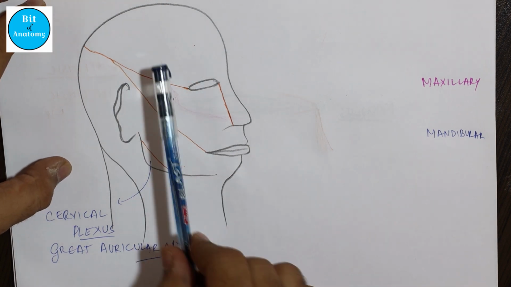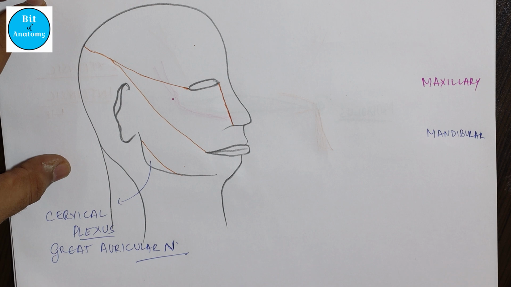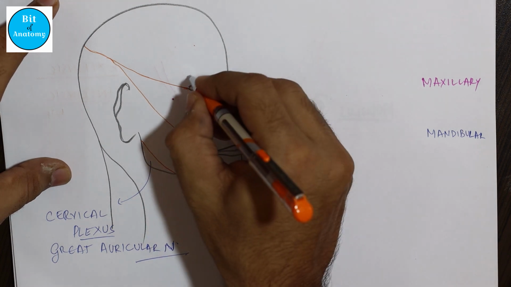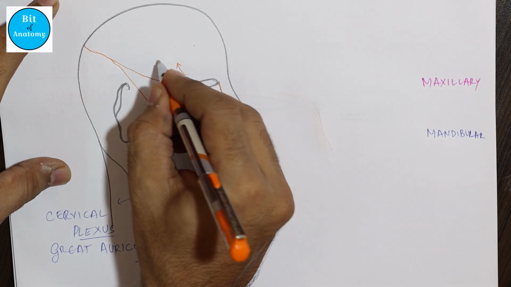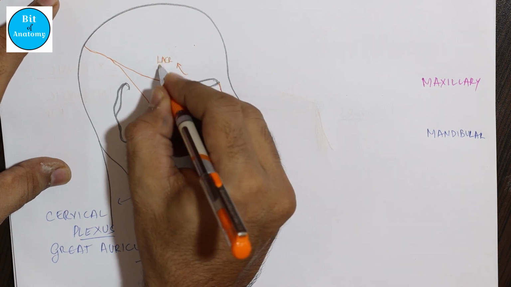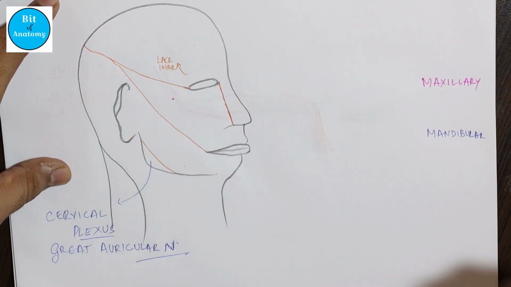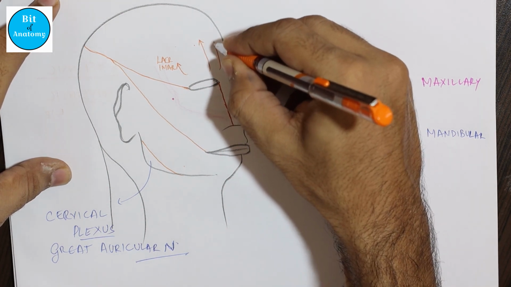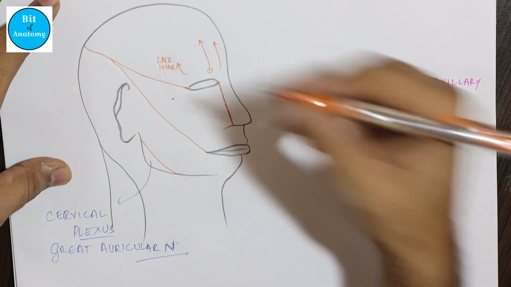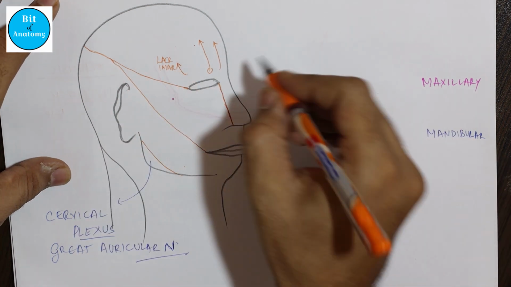Now if you appreciate what all branches of the ophthalmic, maxillary and mandibular nerves are present here to supply the skin of the face. There is a branch just above the eyelid, which is called the lacrimal branch, and there are 2 branches extending into the forehead and also into the scalp.